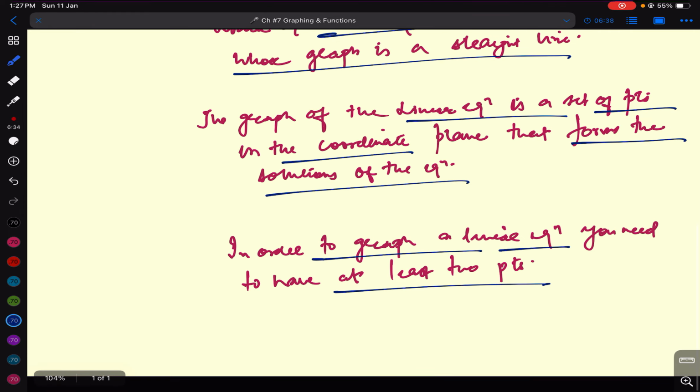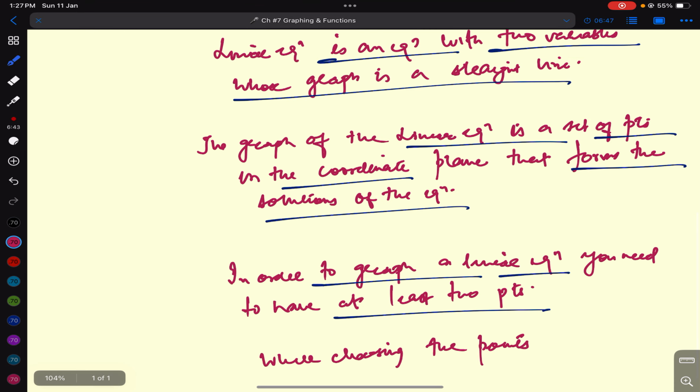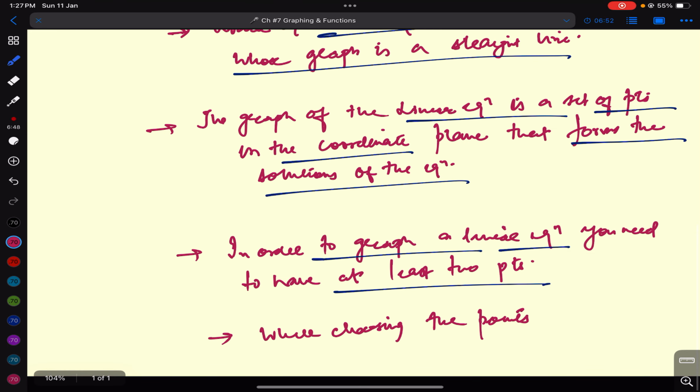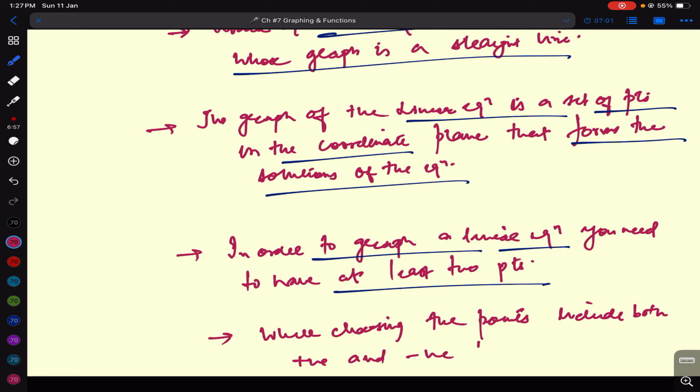And while choosing the points, include both positive and negative points along with zero. Clear? So this is how we define the linear equation.